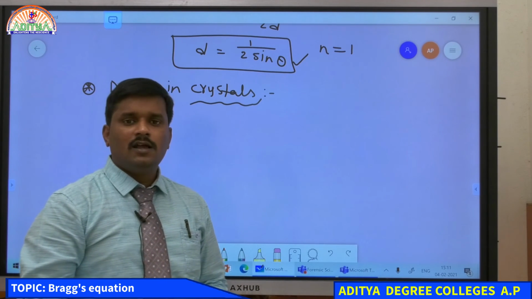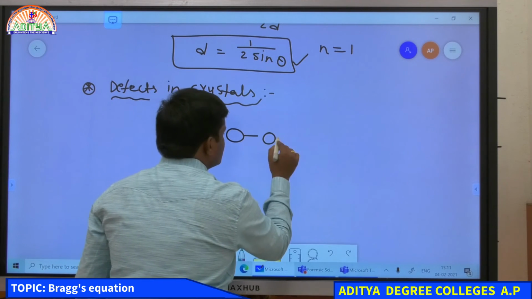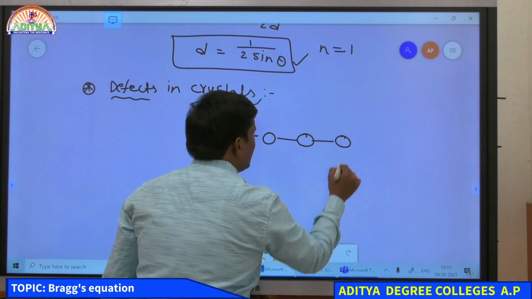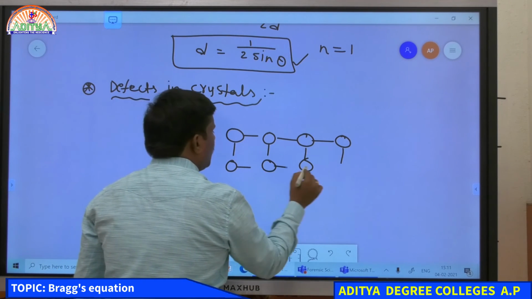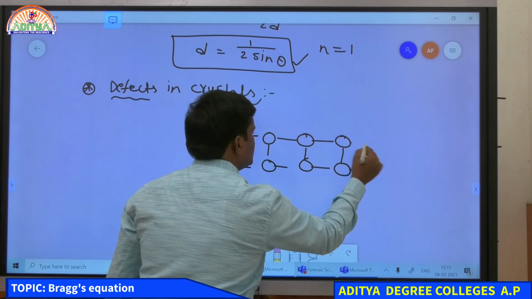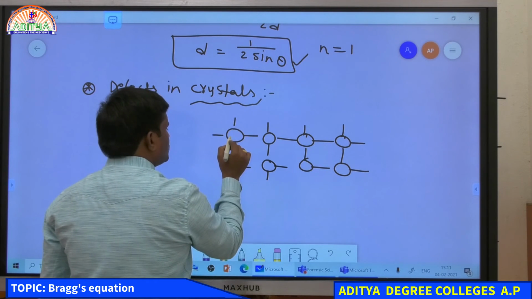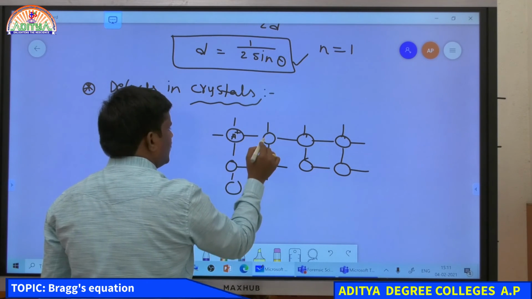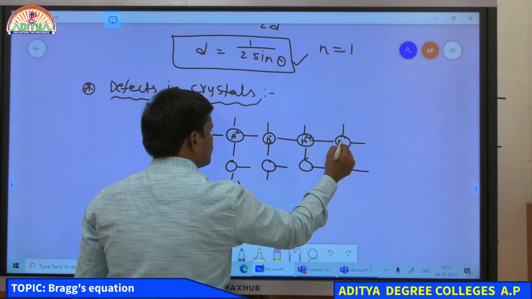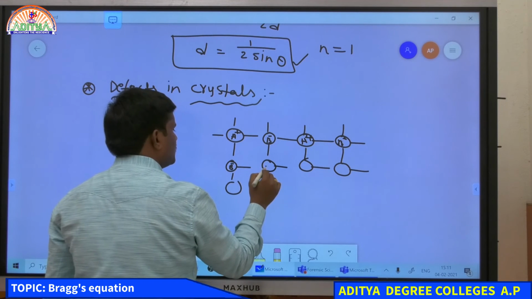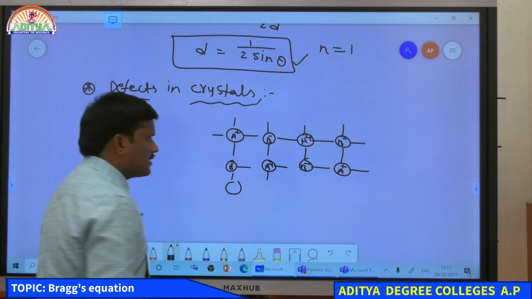Crystal is nothing but, suppose I consider this is a crystal, so these are the atoms present in that crystal. Suppose all the atoms are regularly arranged, so this is a positively charged ion, that is A plus, and this is B minus, again A plus B minus, similarly B minus A plus, B minus A plus. So what does this mean?